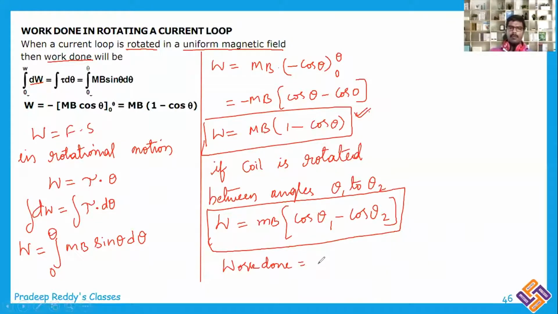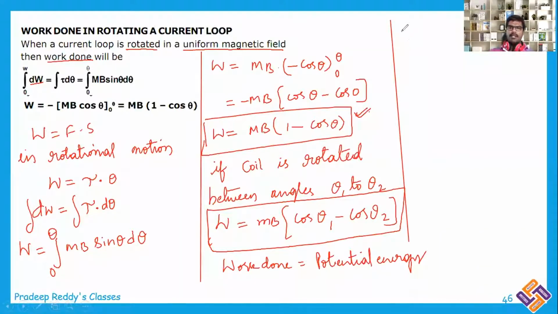And this net work done is equal to the potential energy stored. This net work done can simply be stored in the form of potential energy, and as the coil gets rotated, the work done is stored in the form of potential energy.